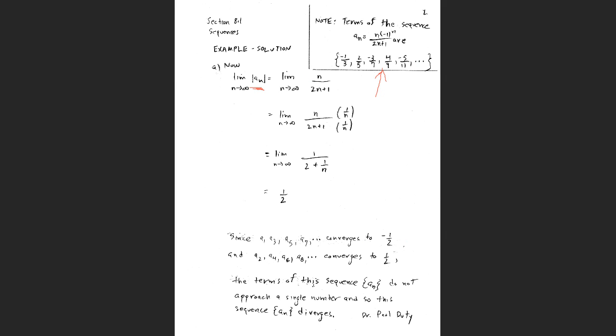The -1 to the nth power wouldn't be there anymore. So that would just be n over 2n plus 1, and that's going to go to 1/2.